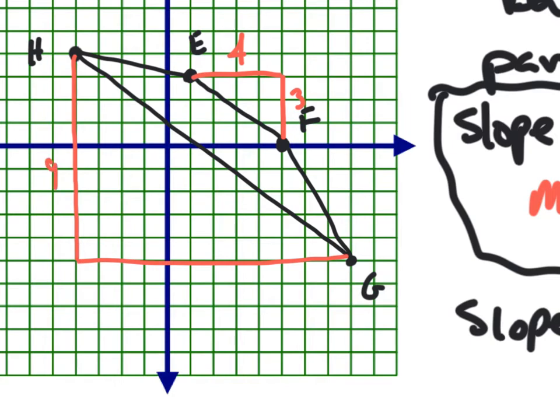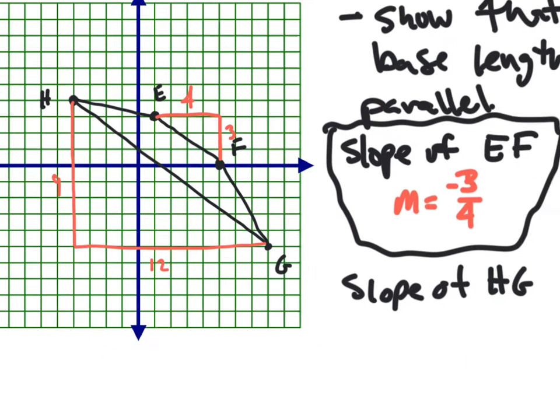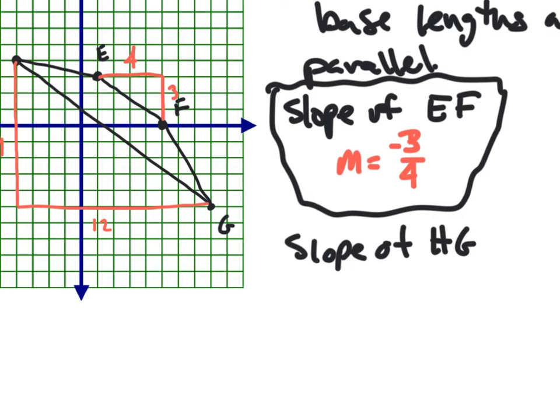So that's a 9. And then over here, 1, 2, 3, 4, 5, 6, 7, 8, 9, 10, 11, 12. So this slope is negative 9/12, but that can simplify down to negative 3/4.